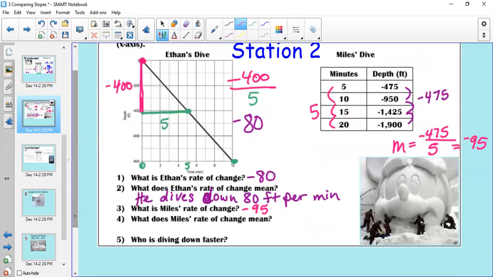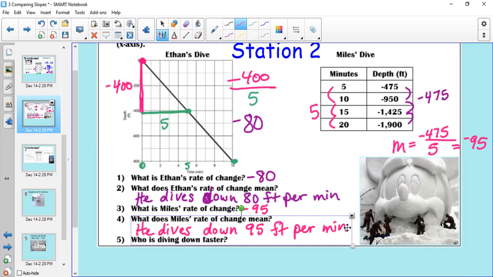And so what does that mean in real life? Again, he dives down, since it was negative, 95 feet per minute. So who is diving down faster? Well, if Ethan goes 80 feet per minute and Miles goes 95 feet per minute, Miles is going down faster.